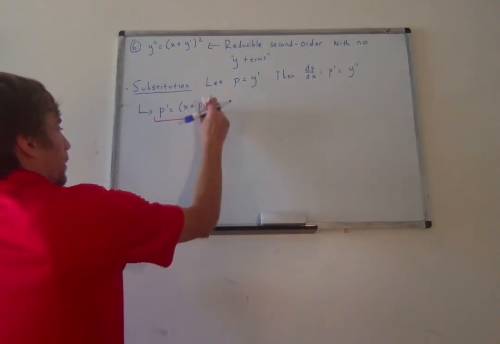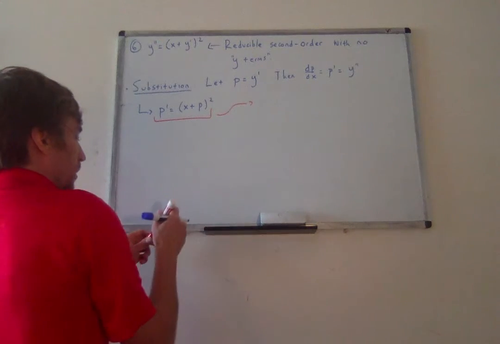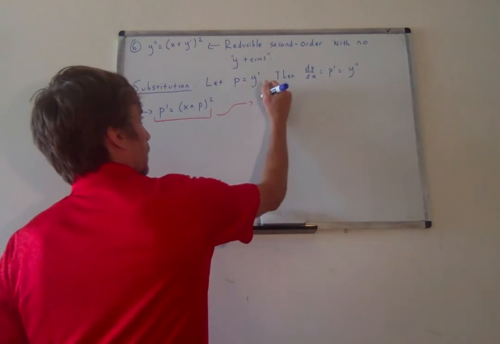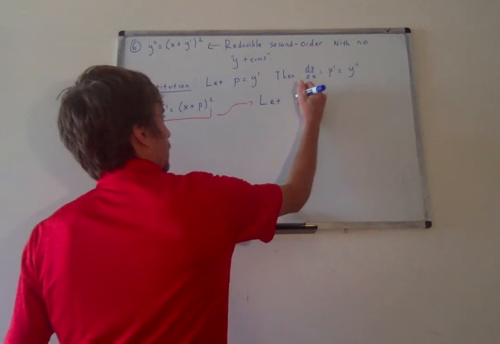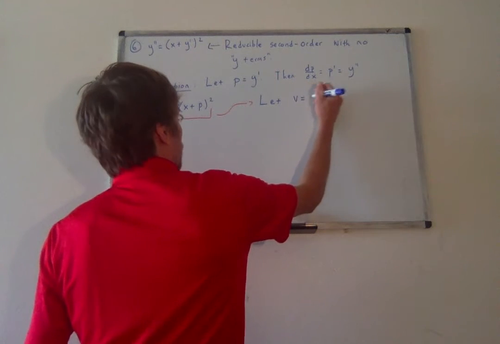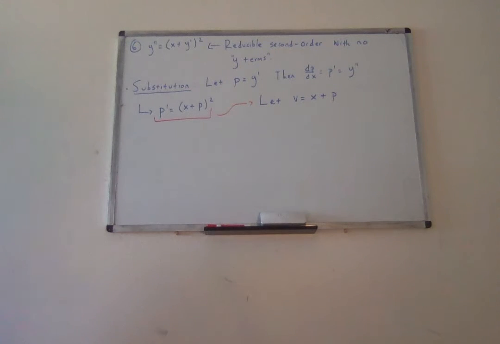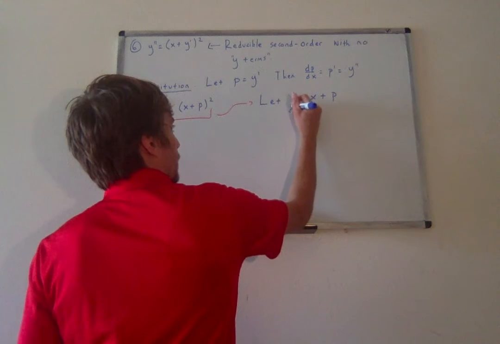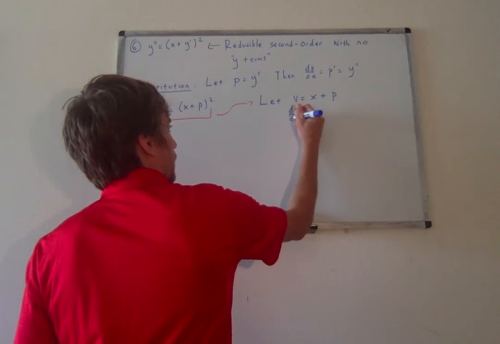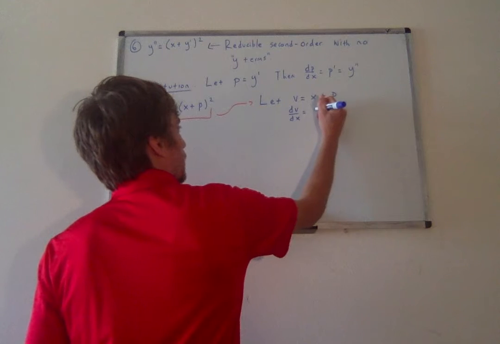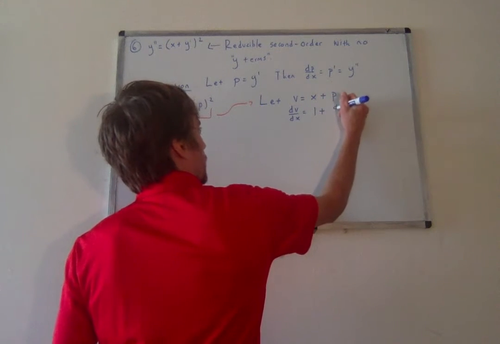So to solve this, I'm going to let the variable v equal x plus p. What we can do then, if we differentiate this with respect to x, is we get that dv dx is equal to 1 plus dp dx.